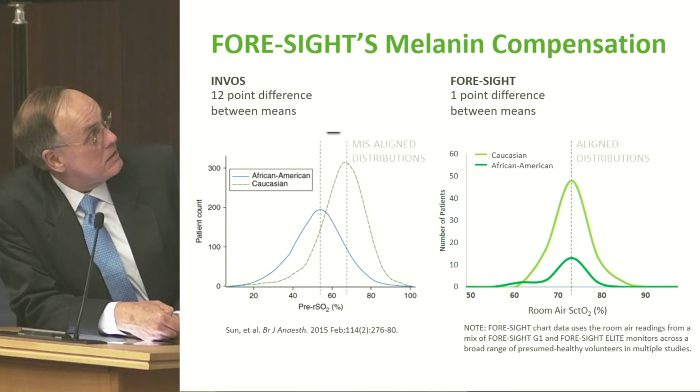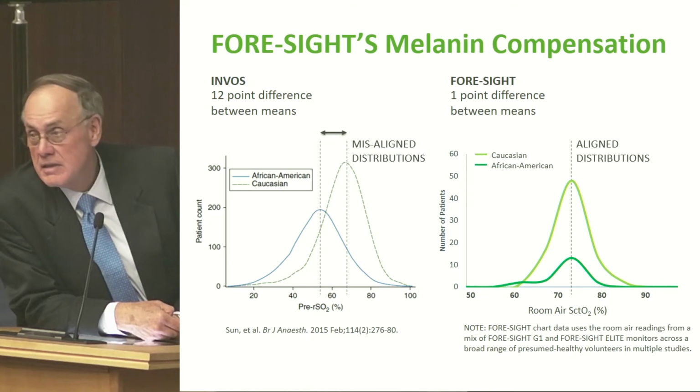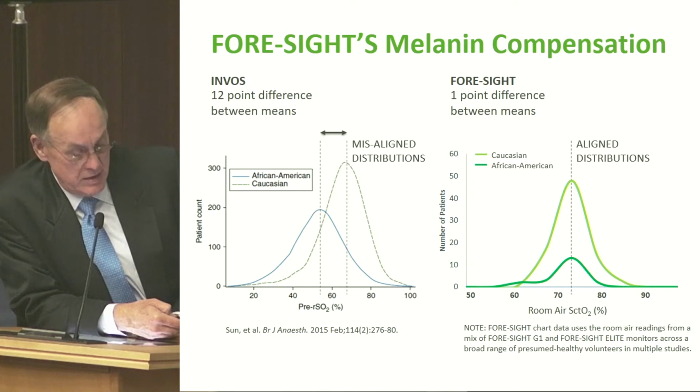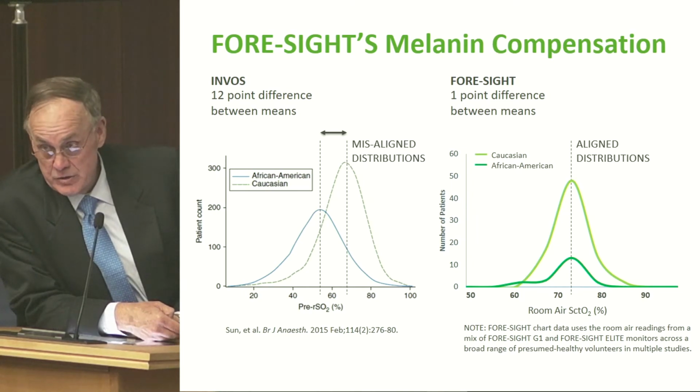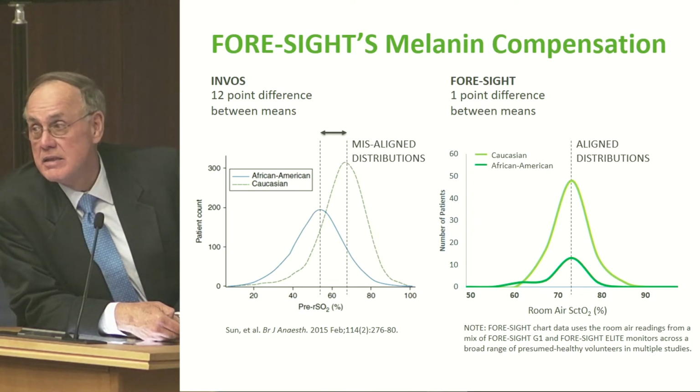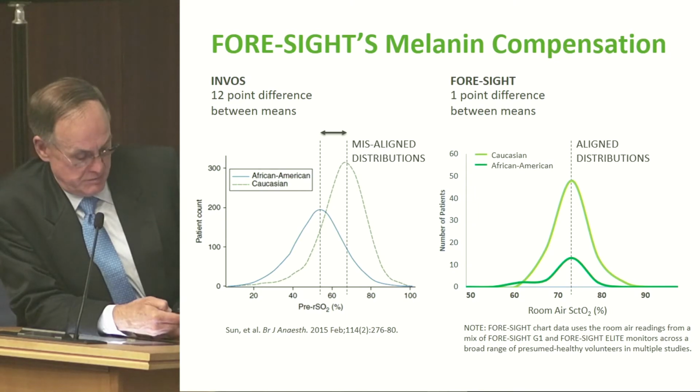So again, this just proves that the Foresight is able to eliminate the effect of dark skin from the readings, so that when you make a decision to treat the hypoxia, it's a real number, not a false positive.